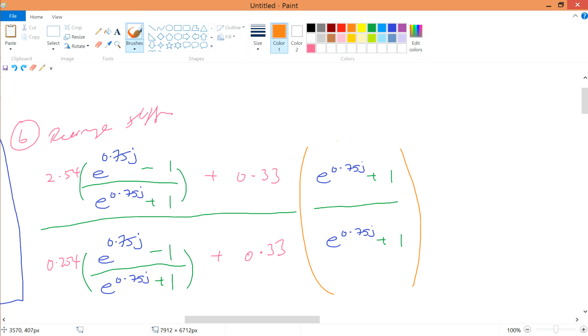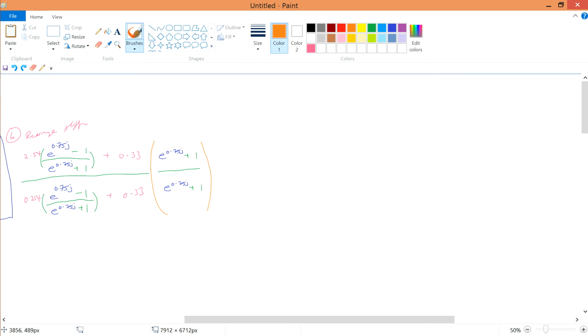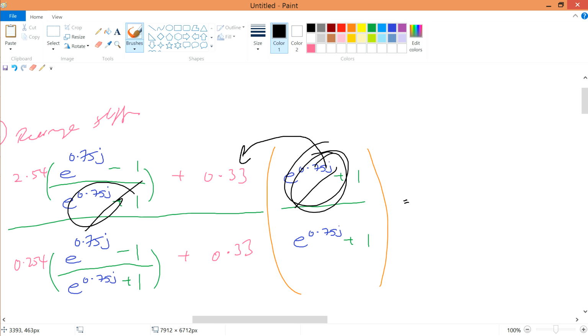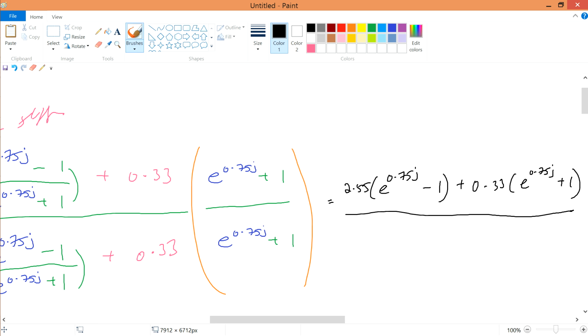If I do this, what I would have is, give me a while. This thing over here, if I multiply it with this thing, will cancel each other, and this thing over here will multiply with this thing. So what I will have looks like this. I simply multiply it into both of them.